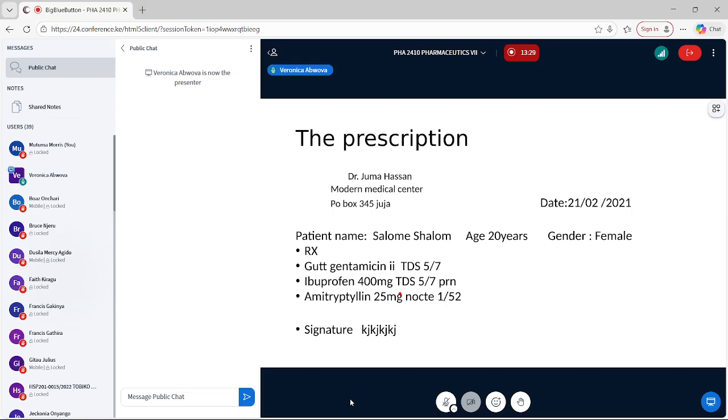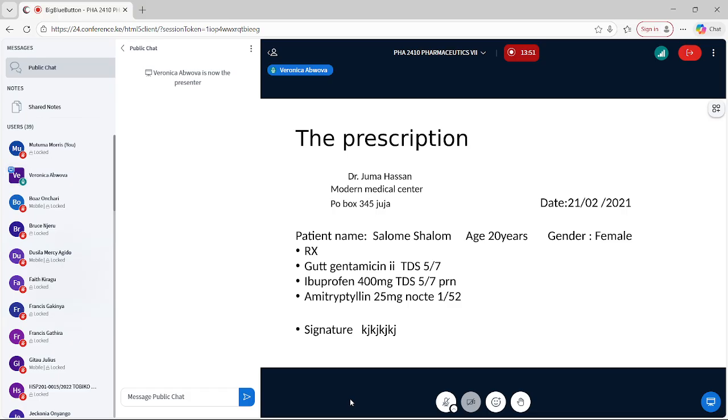So you pick out 3 different labels, and each of those labels should have that information. You can see how gentamicin is to be taken is different from how ibuprofen is to be taken, from how amitriptyline is to be taken.